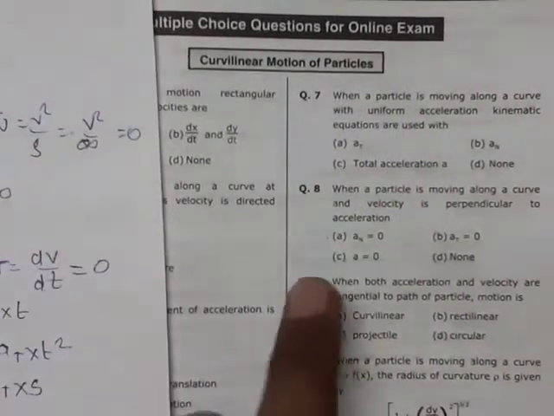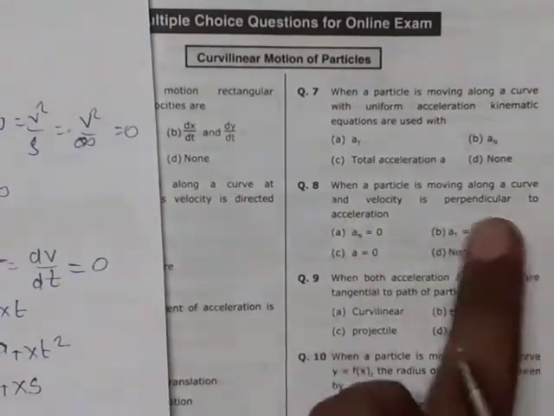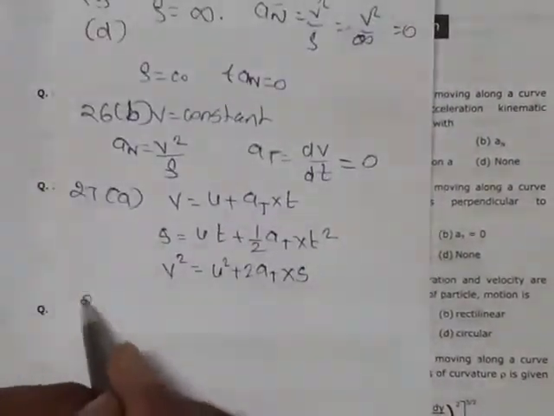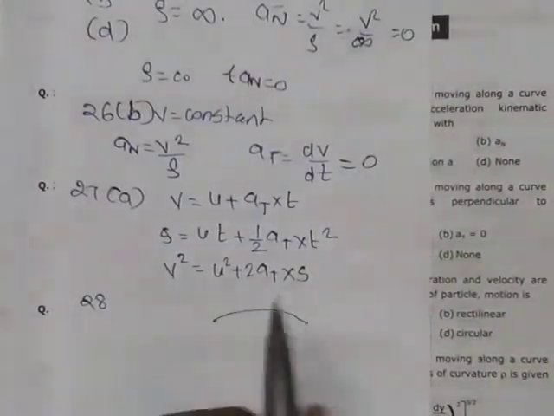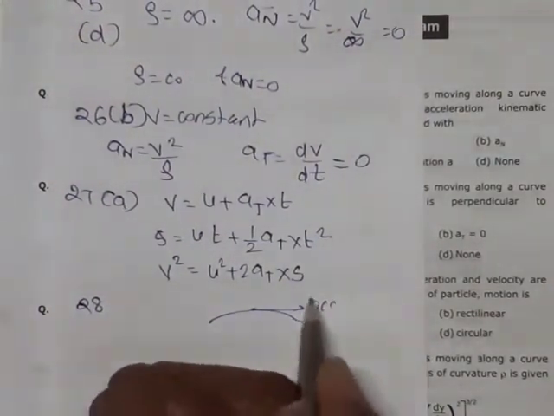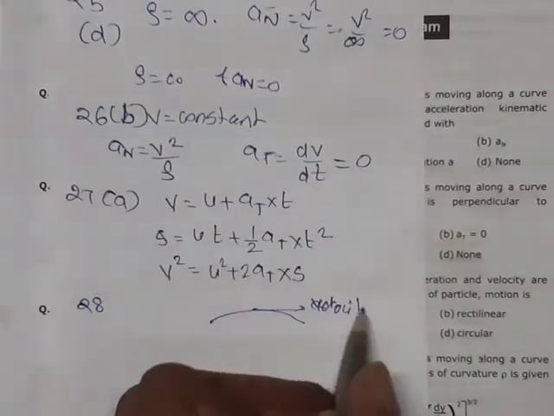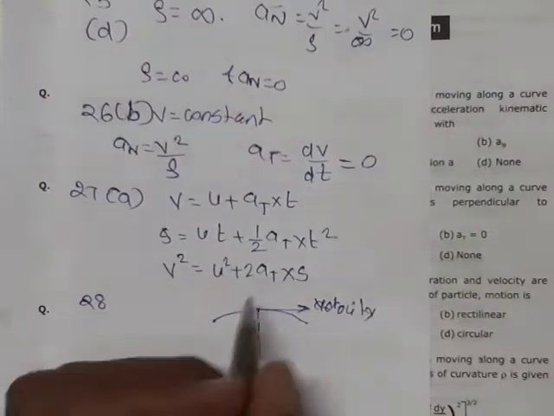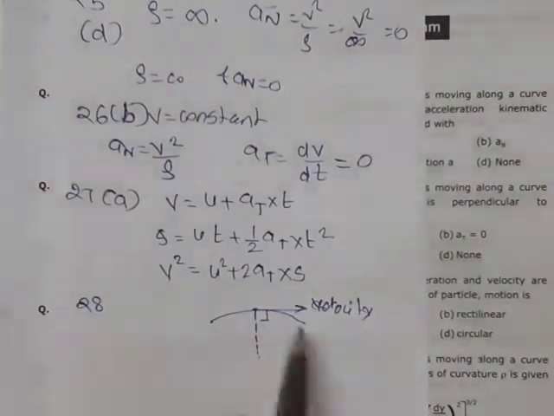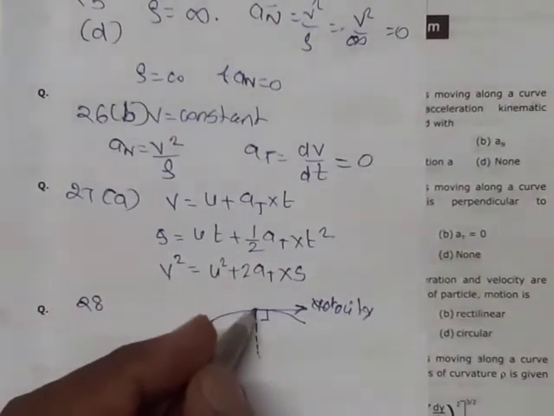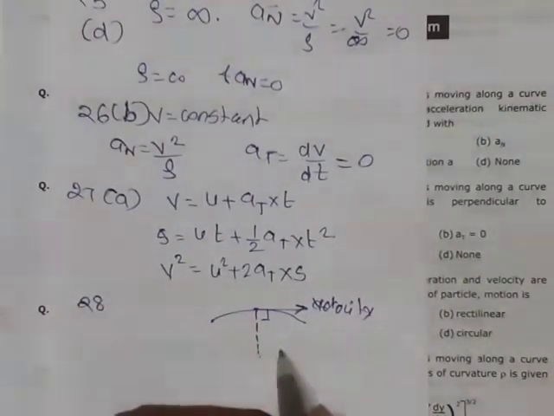Now question 8. A particle is moving along a curve and velocity is perpendicular to acceleration. So here when we are drawing a curve, we are saying this is the direction of acceleration. This is the direction of velocity, because velocity is always directed along a tangent, and we are saying the acceleration is entirely directed along the line perpendicular to velocity, perpendicular to the tangential direction. Means the entire acceleration is directed along the radial direction.